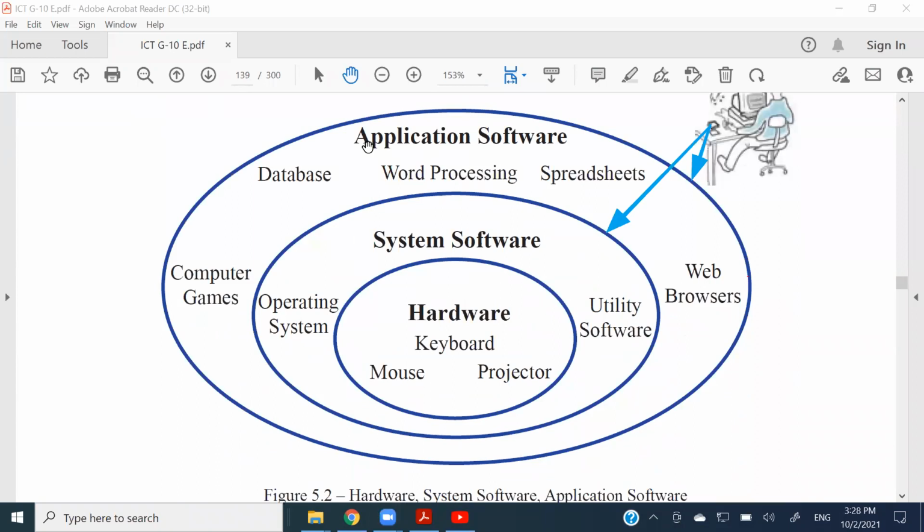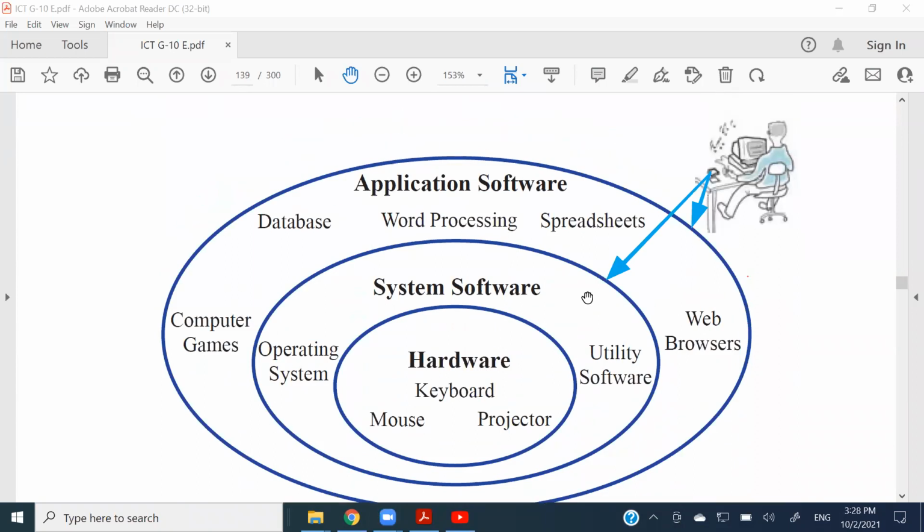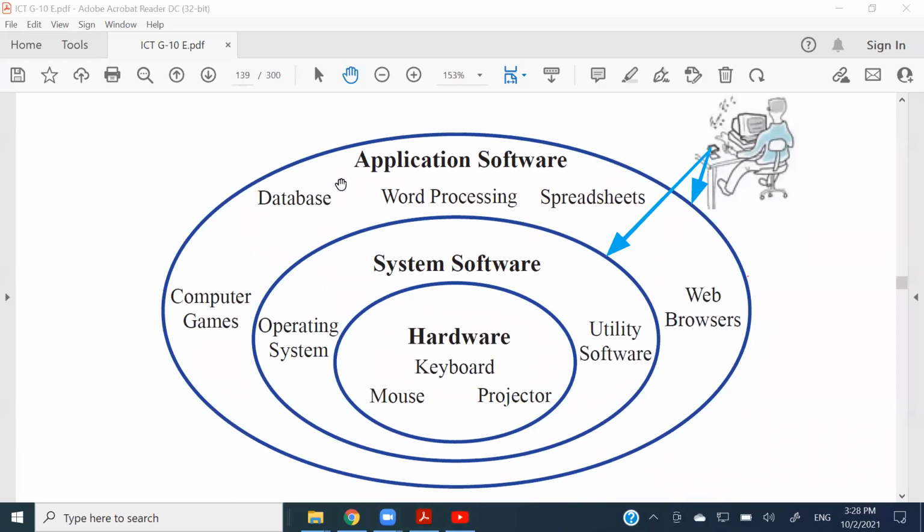I need you to draw this particular diagram as well. You don't need to draw this man and the computer, but draw this diagram. This shows what the application softwares, the system softwares, and the hardware are.